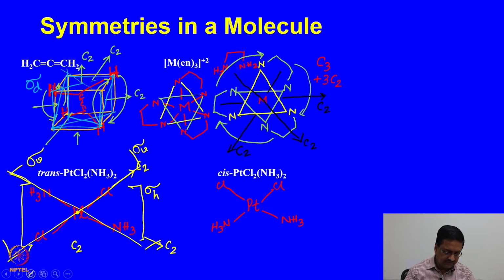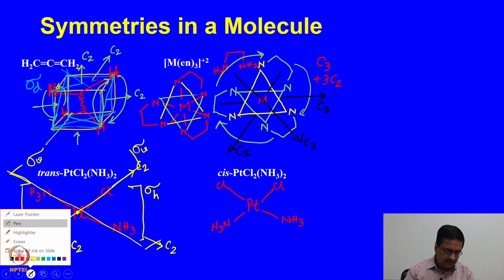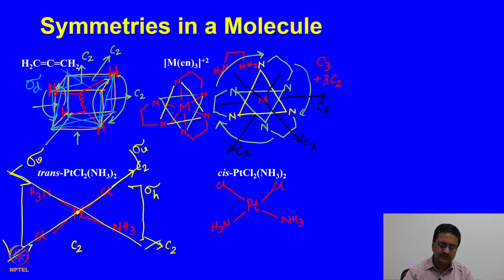So, now what we have here is a C2, but in a different orientation. In the previous case, the molecule that I had drawn was drawn in the plane of the projection. Here the molecule that I have drawn is in the plane of projection, but the C2 in the previous case was perpendicular to the plane of projection, and in this case the C2 is in the plane of projection.